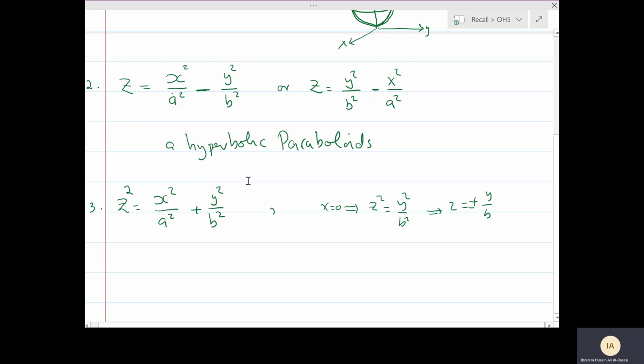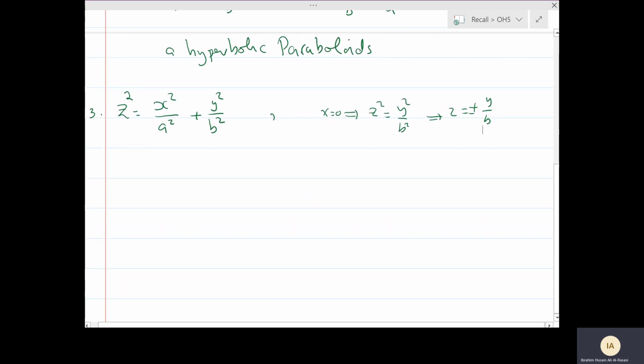In fact, the graph will be the following. We have something like this. We have these 2 lines going through the origin. So this is X and this is Y. Take 2 lines through the origin. Now if there is a constant, you get an ellipse, so just close these lines with the ellipses.